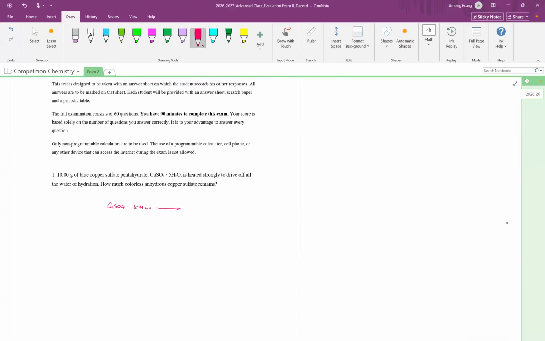Copper sulfate pentahydrate, when we heat it, the first step, of course, will remove all the water, the water of hydration, right?